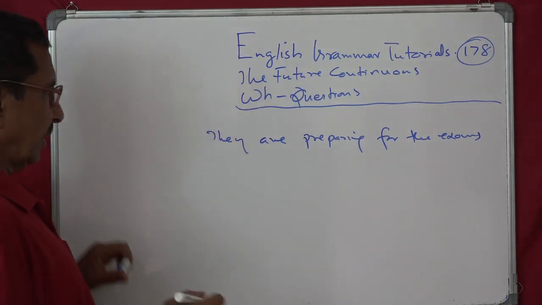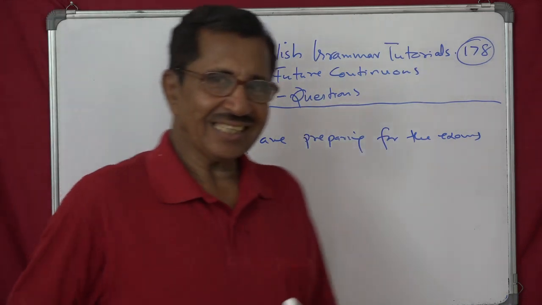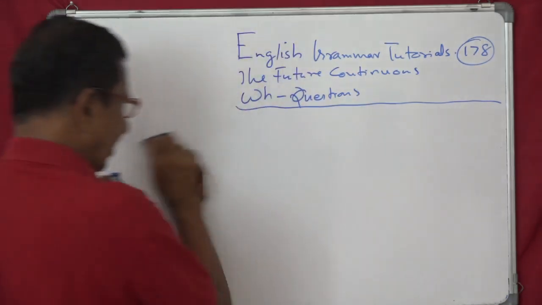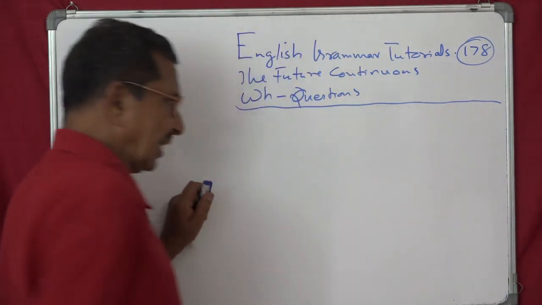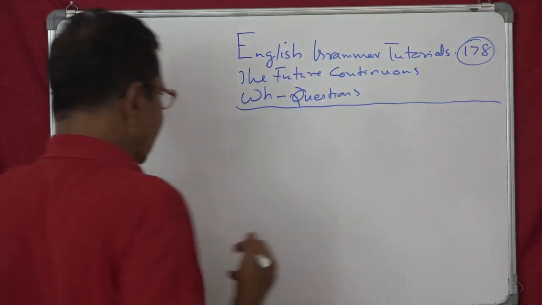Okay. So, they will be. Sorry, there is a mistake here. A big mistake. We have to change it now. This is present continuous. So you have to make it future. Very simple. You can do it like this.